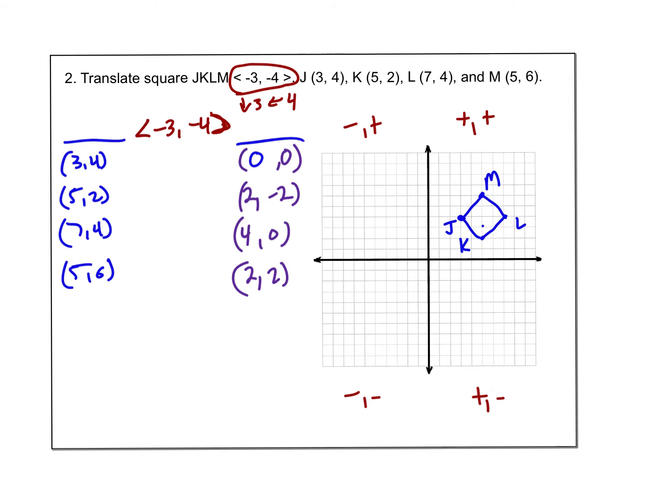So my new points will be 0, 0. That'll be the new J. 2, negative 2. That'll be the new K. 4, 0. That will be the new L. And 2, 2. That will be the new M. So there's my square moved. And that matches up. That makes sense.